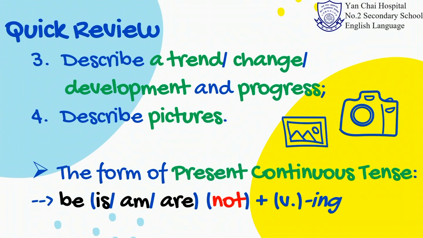The form of present continuous tense is be, is, am, are, not, plus a verb in ing form.